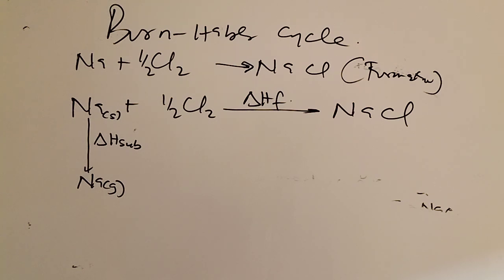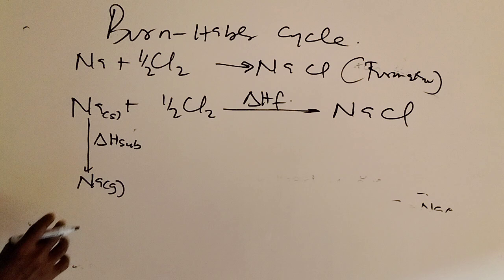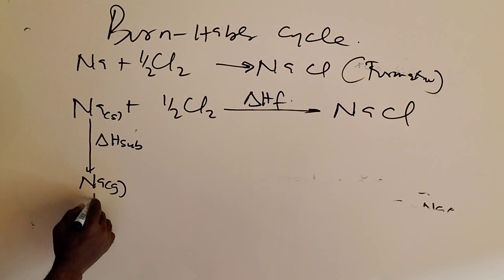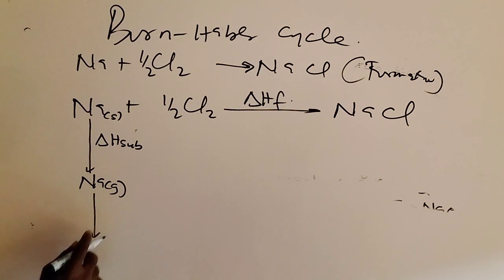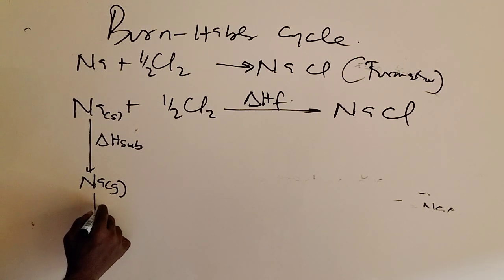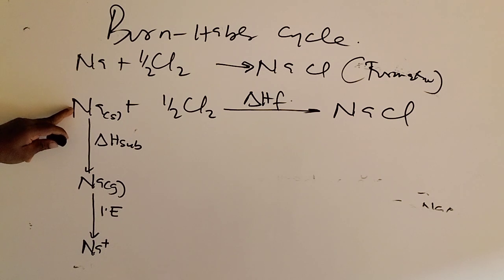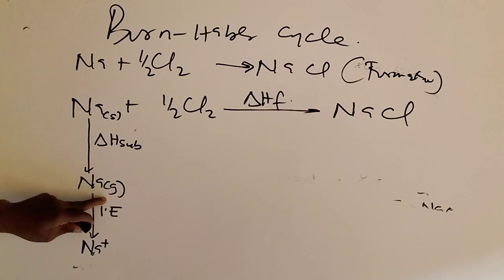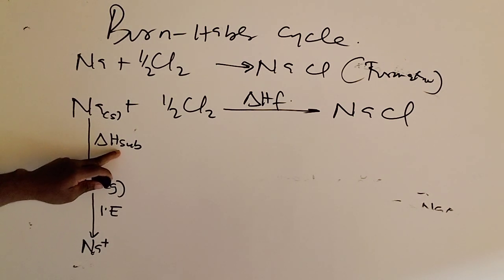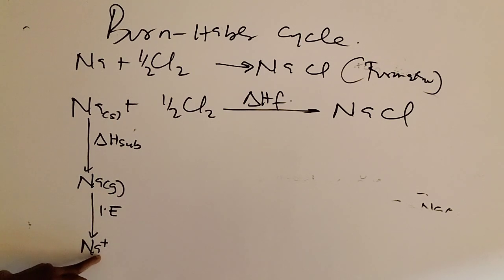I told you that when the gaseous metal is heated, it loses 1 electron, that is ionization, to give you the sodium ion. So what we have here is the ionization energy, IE. The enthalpy of sublimation moves sodium from the solid state to the gaseous state, and the ionization energy is required to move it from the gaseous state to the ionic state. And that takes care of the metal.